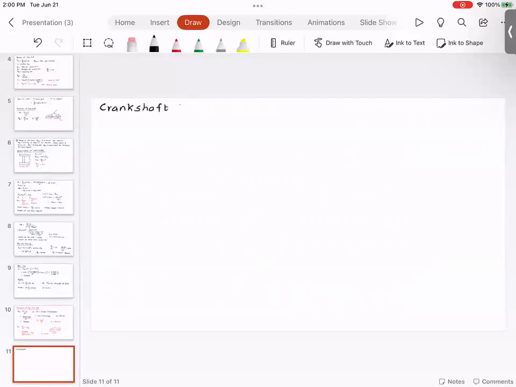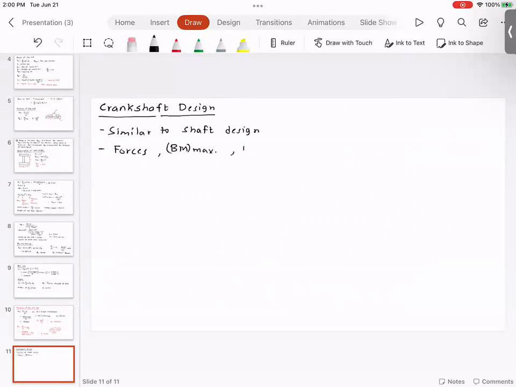Shaft design is similar to shaft design. So you have to find out the forces. You have to find out the maximum bending moment.